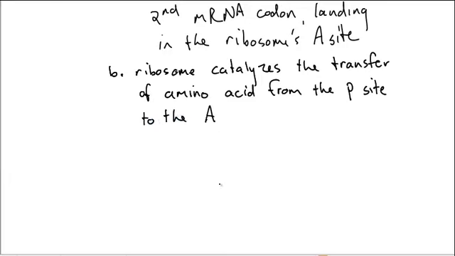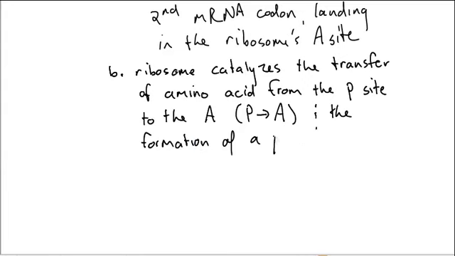So it always goes P to A, not the other way, A to P. It's always P to A. And the formation of a peptide bond between the 2 amino acids.